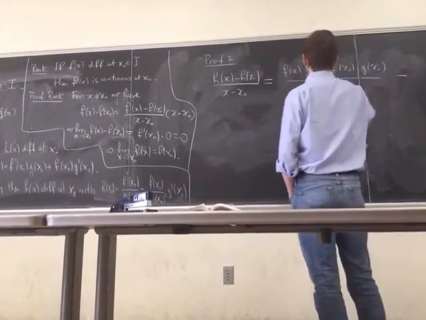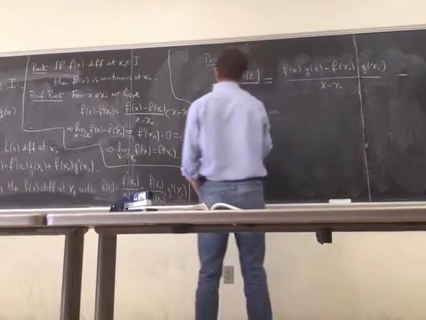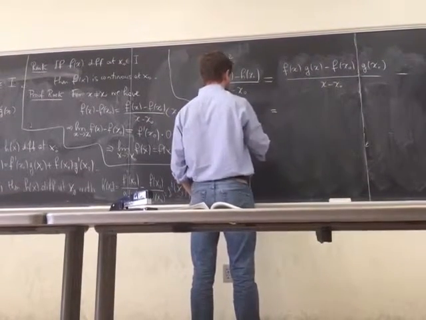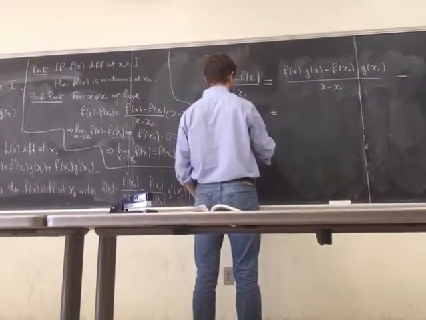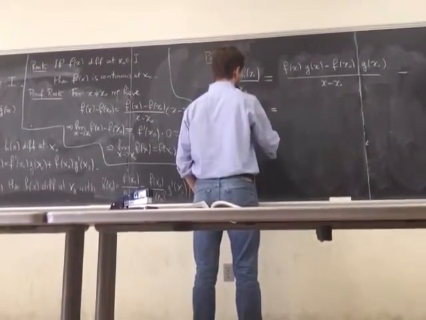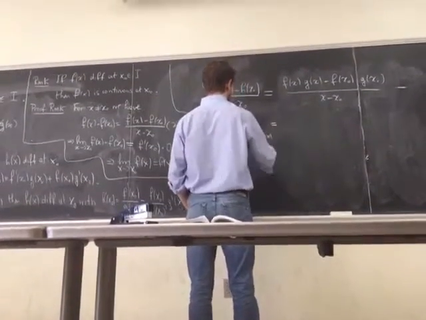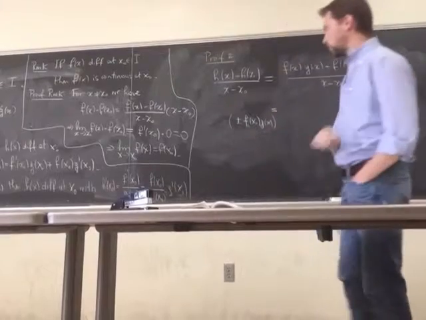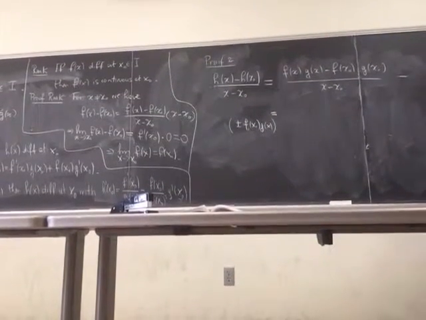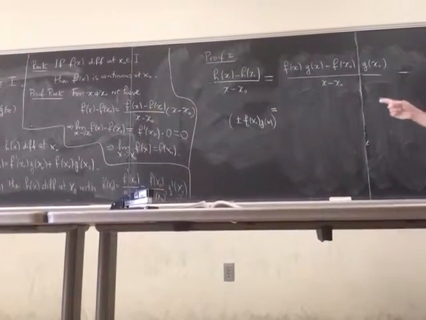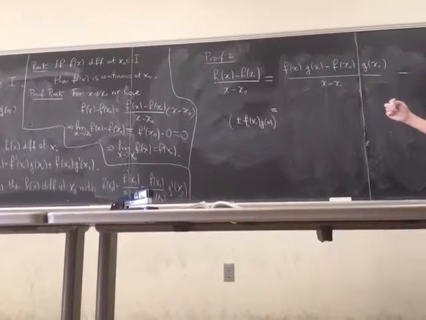So from now I'm going to add and subtract, say, f of x naught times g of x. That's what's going to happen in this equality sign. I am adding and subtracting at the numerator f of x naught times g of x.